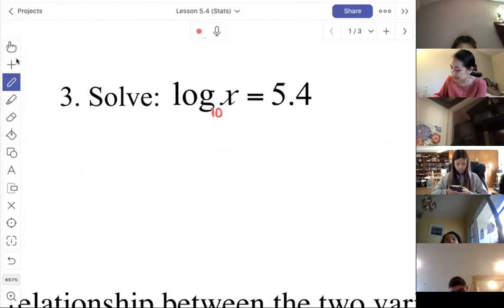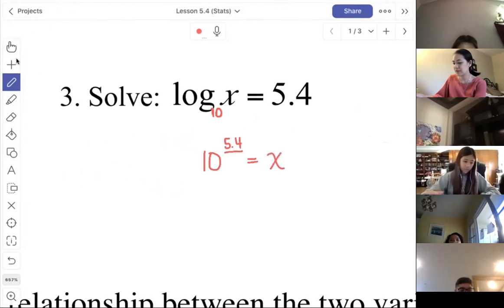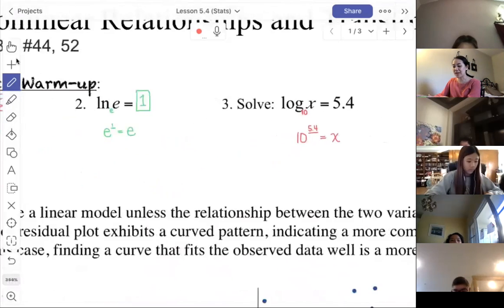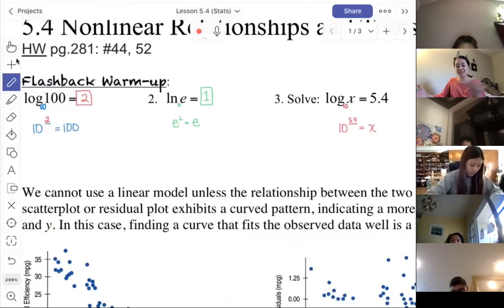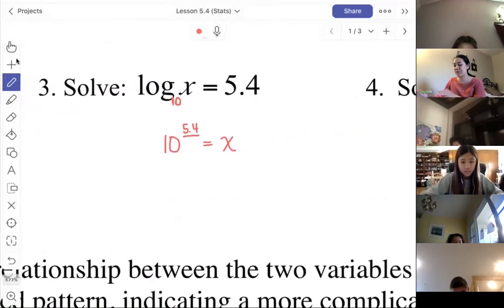So it's asking 10 to the 5.4 exponent is equal to what? If you look back at number 1, that's the same kind of setup, except our unknown is now in the log. So 10 to the 5.4 power is equal to x.